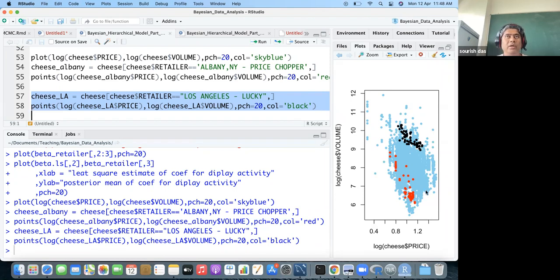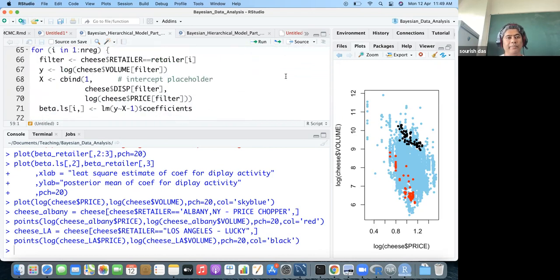But in a Bayesian hierarchical model, the coefficients of these data points will be viewed as part of a random generation from the entire coefficient distribution, which is a part of the entire data population. So in that way, a balance will be struck.